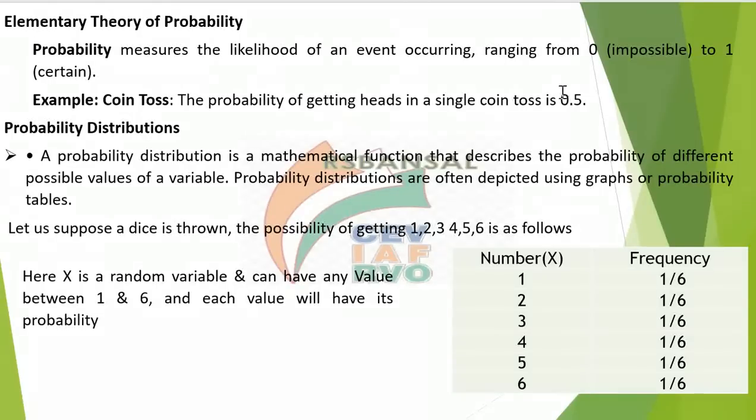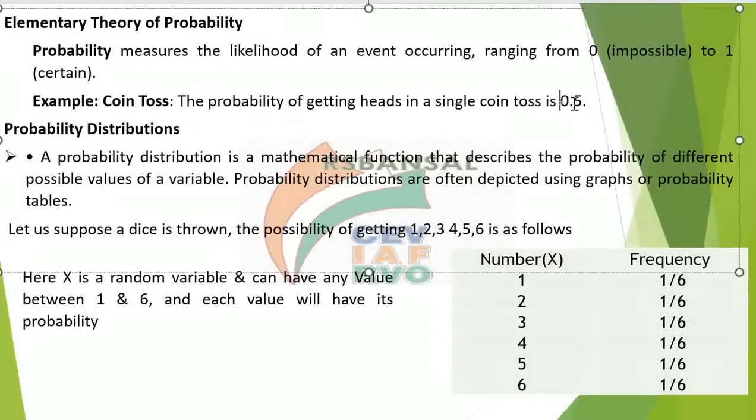In this case, the number of possible outcomes is two: one is head and the other is tail. And the number of attempts, or number of events: the coin is tossed once, so the number of events is one. So one divided by the number of possible outcomes, which is two. One divided by two, so the probability is 0.5.